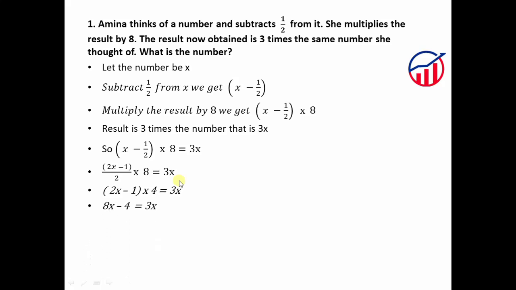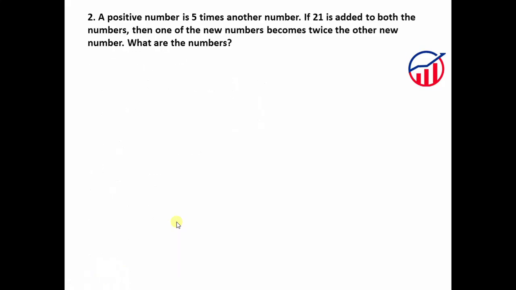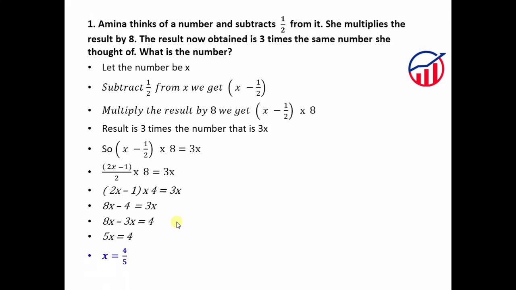Then 8x minus 4 is equal to 3x. So you bring the like terms together. 8x minus 3x is equal to 4. So you have 5x is 4. x is 4 upon 5. So the number Amina thought of was 4 upon 5.